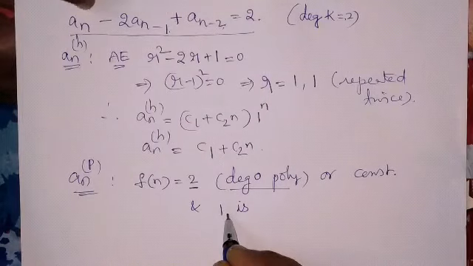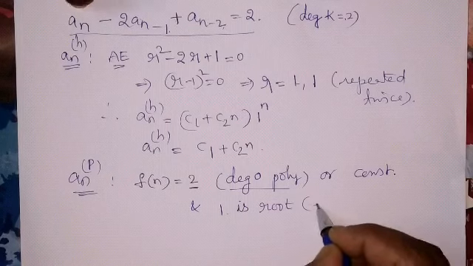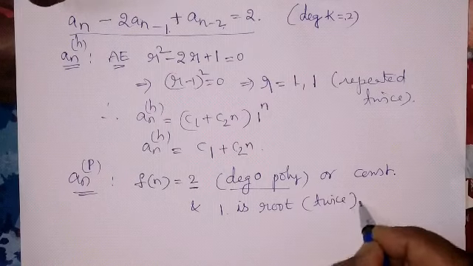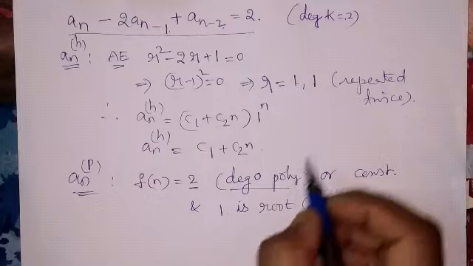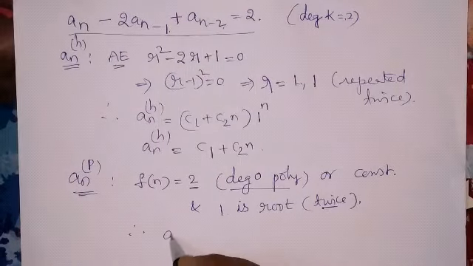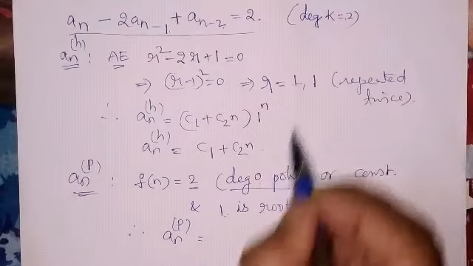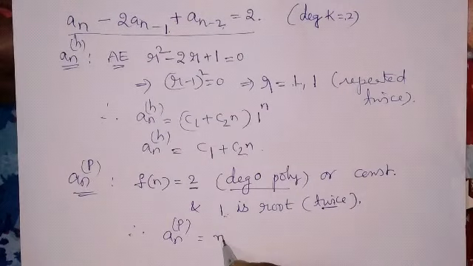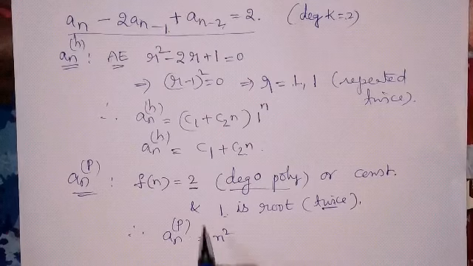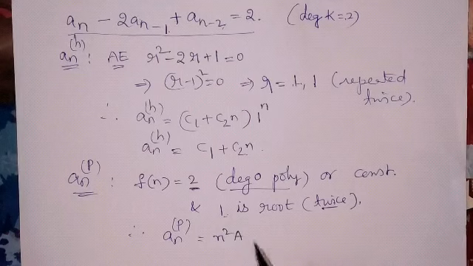In this problem, 1 is a root twice. So the multiplicity of the root 1 is equal to 2. Therefore, our guess is going to be, because 1 is twice repeated as the root of the auxiliary equation, we write n square. And now corresponding to the degree 0 polynomial, we write a constant a.